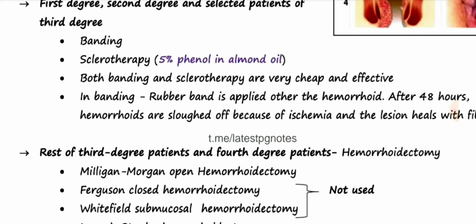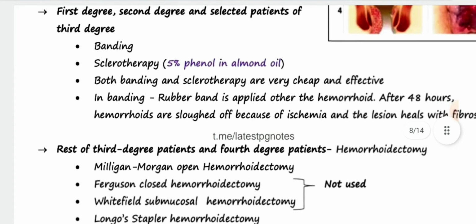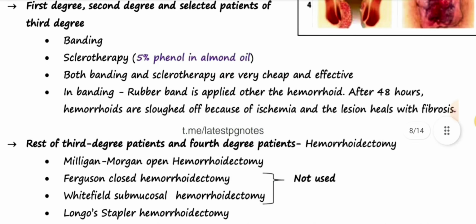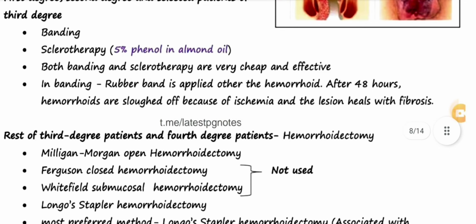In sclerotherapy we inject a sclerosing agent like 5% phenol in almond oil, sodium tetradecyl sulfate, etc., inside the cavity of the hemorrhoid, which results in fibrosis and ultimate shrinking of the hemorrhoid, and there is no symptomatic bleeding. Both banding and sclerotherapy are very cheap and effective. In banding, the rubber band is applied over the hemorrhoid, and after 48 hours the hemorrhoid is sloughed off because of the ischemia, and the lesion heals with fibrosis.